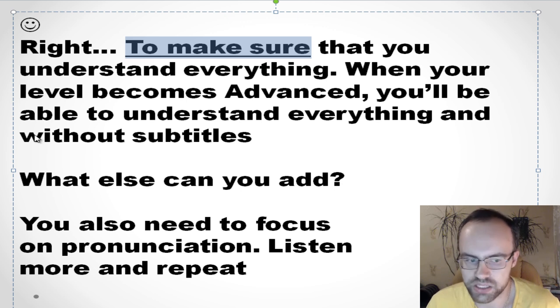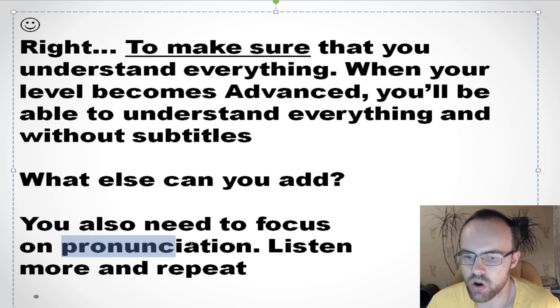So what else can you add? You also need to focus on pronunciation. It's a very important thing. Reading something in English won't improve your pronunciation, but when you speak, your pronunciation is very important. So you need to listen more to English speech and repeat.